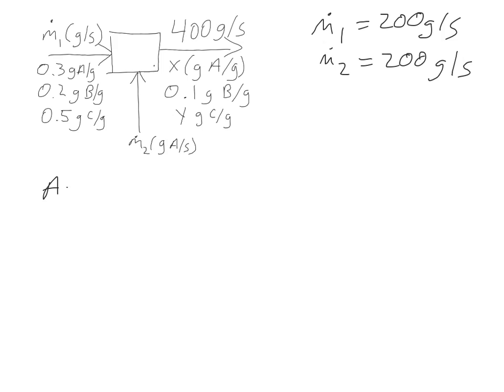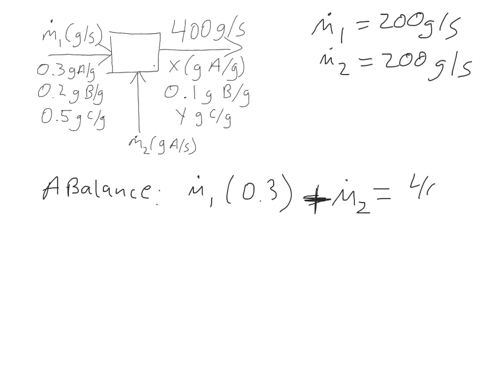Our A balance, just to remind you, is M1 times 0.3 plus M2 is equal to 400 grams per second, and that's multiplied by x. So this is great. The only unknown variable I have to solve for in this material balance equation is x.